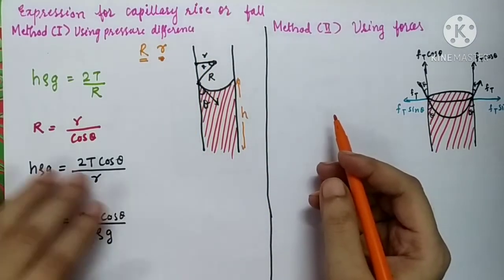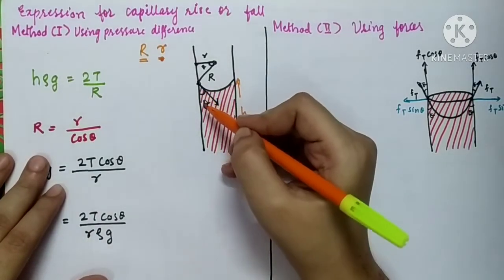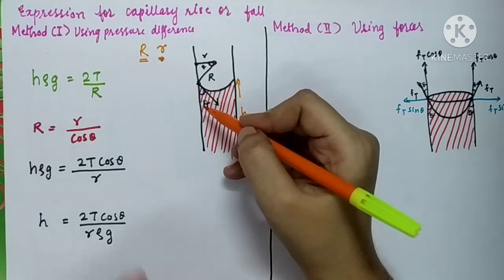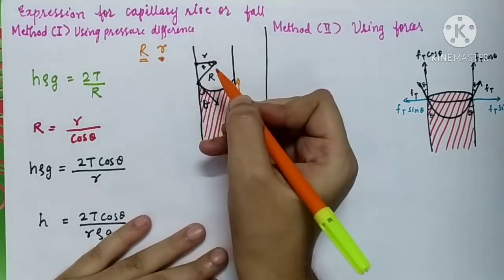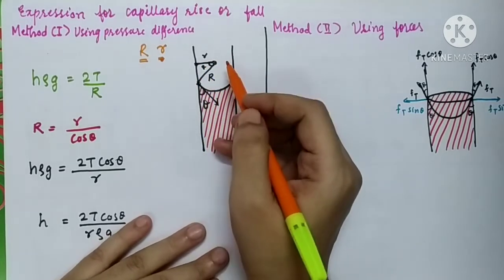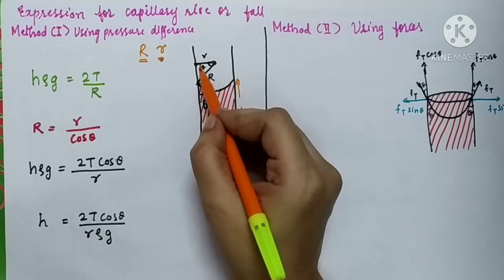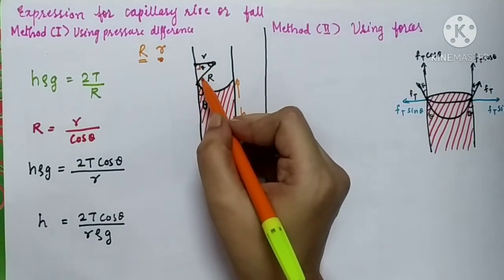So as this angle is theta over here, and this is a perpendicular drawn from the radius. So this perpendicular, if this angle is theta, this is an angle of 90 degrees. And what do you say about this remaining angle?